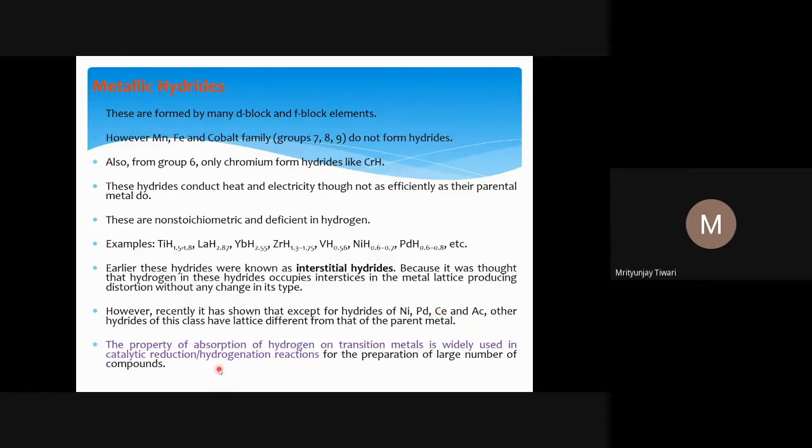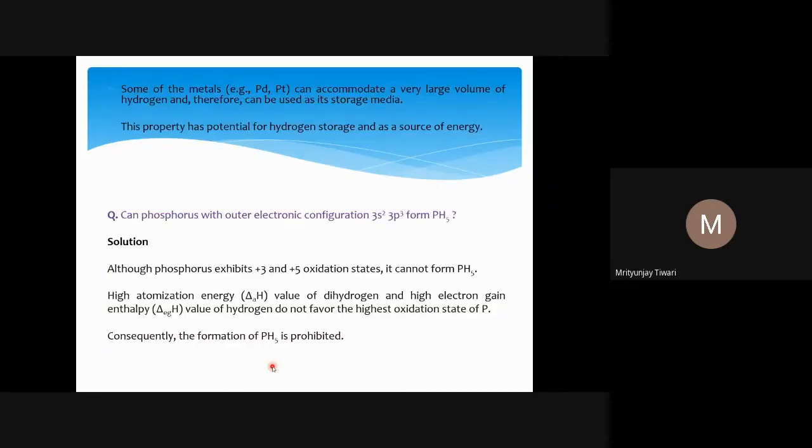The property of absorption of hydrogen on transition metals is widely used in catalytic reduction. Absorption, which we consider occlusion, means the formation of these metallic hydrides. In these metallic hydrides, the hydrogen and metal bonds are not that strong, so these hydrogens can be used in hydrogenation reactions for the reduction of certain chemical compounds and for the preparation of a large number of compounds that we do in organic chemistry.